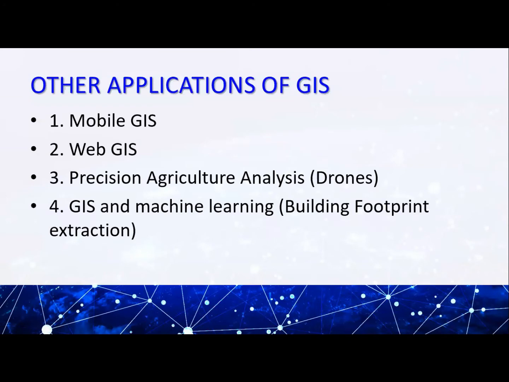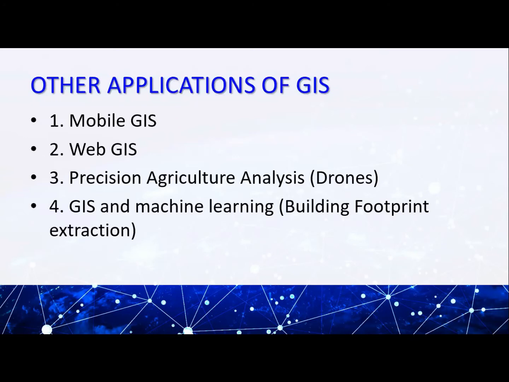For example, Esri have come up with very good mobile applications for data collection that are also very versatile with GIS functions. And also we have WebGIS, where you see a lot of data portals. People have put a number of data sets on the website, and then these are mapped.